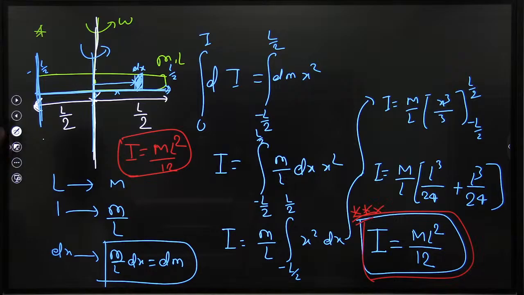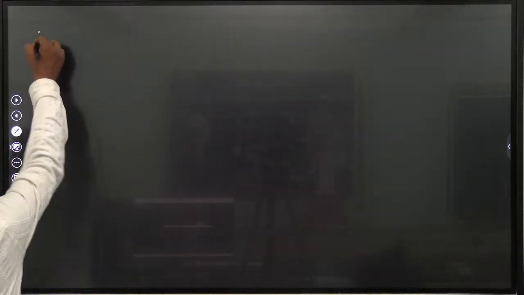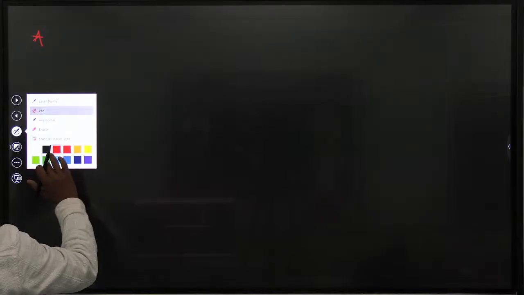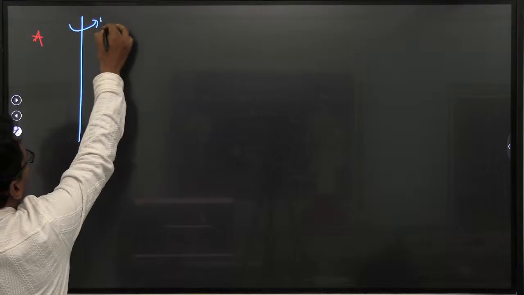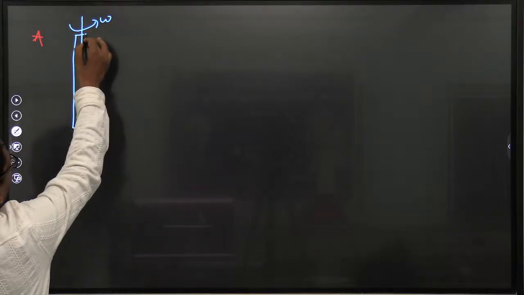Now I am going to find the moment of inertia of some special cases. Like this is the axis moving with omega, and the rod is lying on this axis.